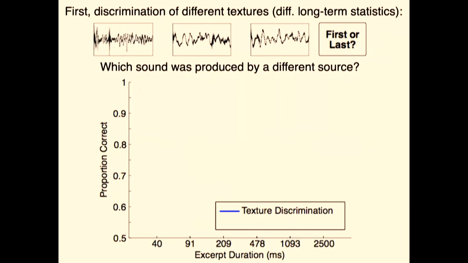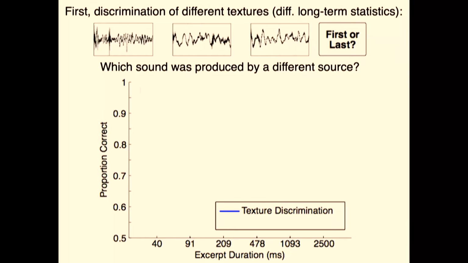Okay, so first, we're going to do kind of a vanilla experiment, just measuring the ability to discriminate different textures. Okay, so these are signals that have different long-term statistics. So here's the task, right? People hear 3 excerpts of sound. Examples are shown up top. 2 of the excerpts, in this case the second and the third, are different excerpts of the same texture.